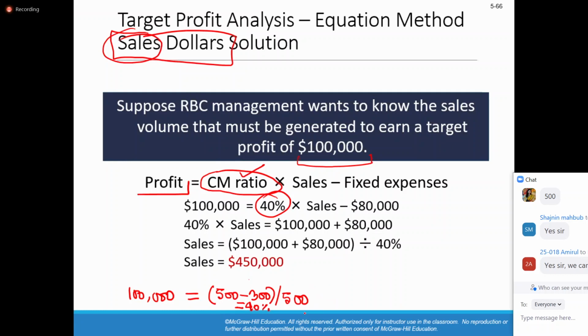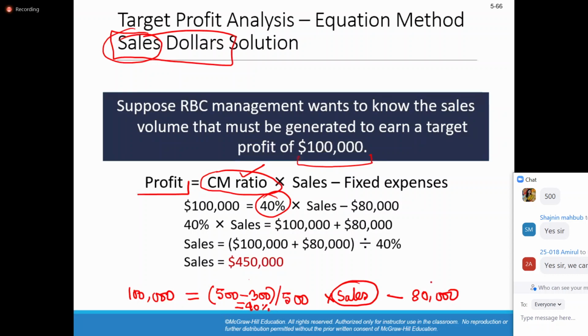So if we take the contribution margin ratio and multiply it by the sales amount, remember, I do not know the sales dollar, I would like to find it, that's why it is unknown. And I know my fixed expense is 80,000. So what can we do?